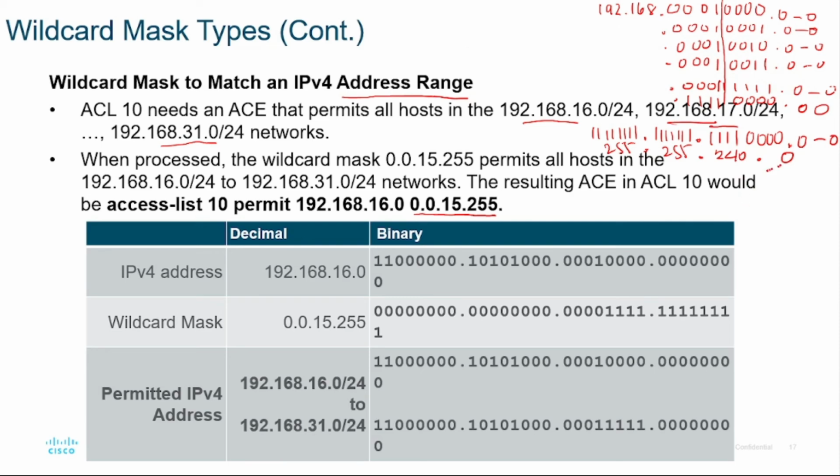Okay, so therefore, if you're going to subtract that one, 255 minus 255, 255 minus 255, 255 minus 240 is 15, and 255 minus 0 is 255. So that's why they get this one.